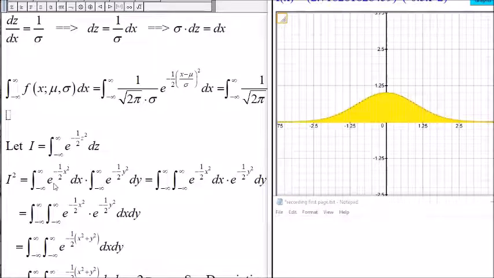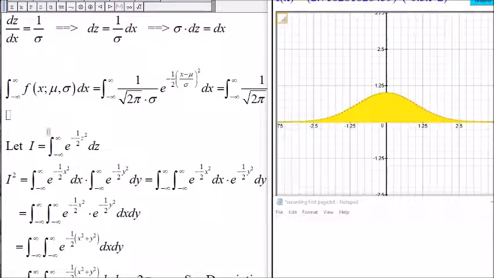But it'd be the same if, instead of z, we use the letter x. Then this area is also this shaded region. And instead of x, we use the letter y. Then this integral right here also represents the shaded region from negative infinity to positive infinity.